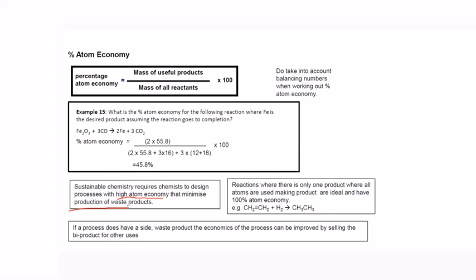For example, if you have a reaction which has a higher atom economy for the desired product, you prefer that. Why do you prefer that? Because it shows that it will have less waste product, increase the amount of the useful product and reduce the cost.